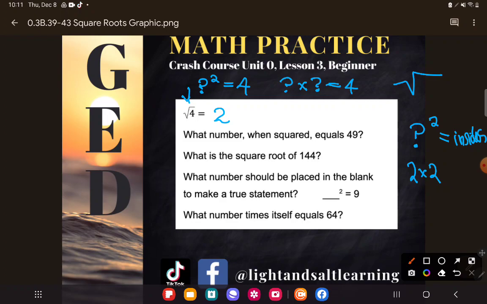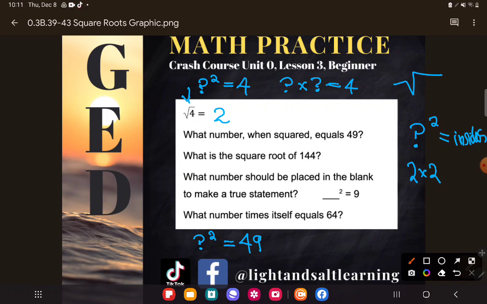Very interesting. So now, awesome, that should make all these other problems a little clearer, now that we just discussed what that symbol means. Because take a look at the next question. It says what number, when squared, equals 49. Look, I'm asking you the same question.